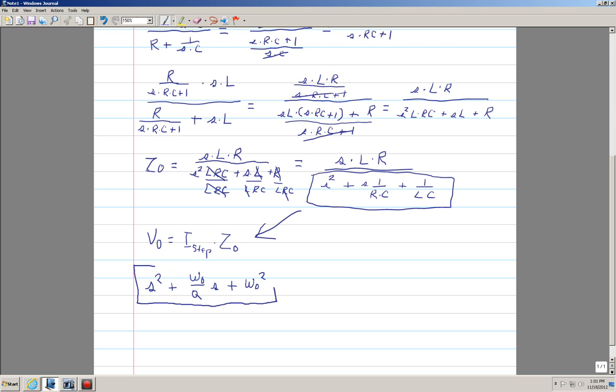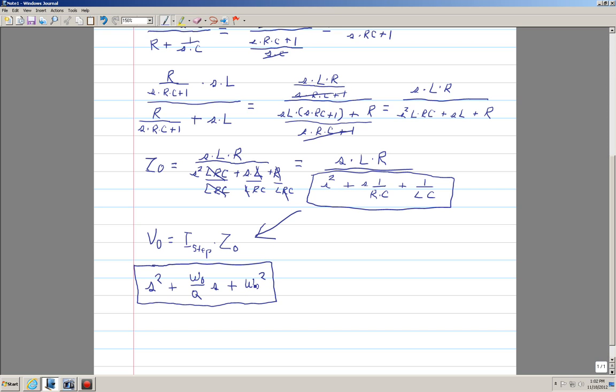Okay, this is the form the equation should be. When you come up with a characteristic equation, the middle term is omega naught over Q. Now Q is called the quality factor. That tells you whether it's damped, underdamped, or critically damped.